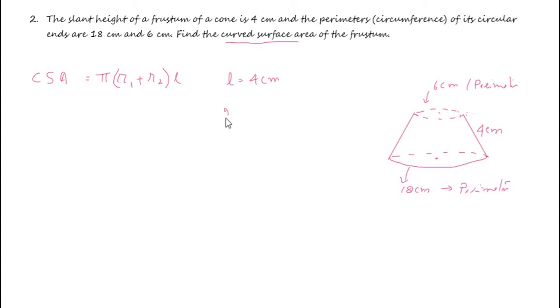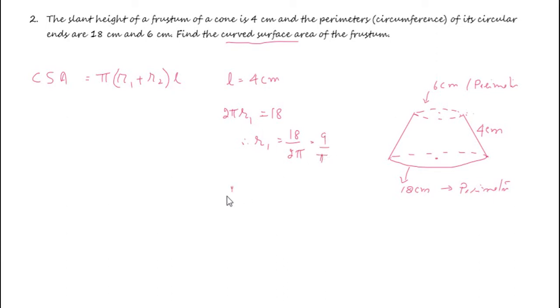Now 2 pi R1, this is of the larger circular surface, is equal to 18. Therefore R1 is 18 divided by 2 pi, or 9 divided by pi.